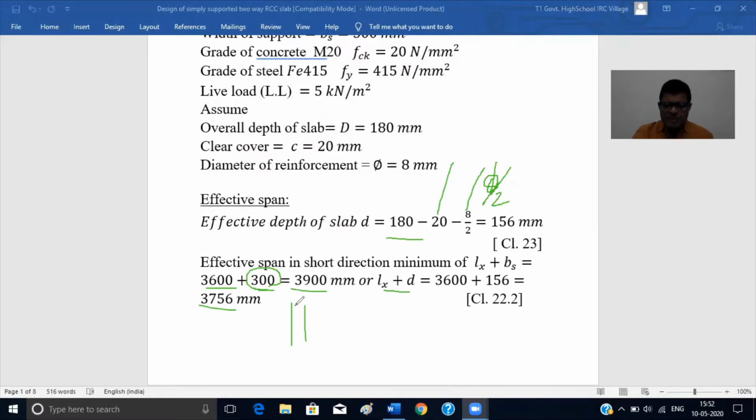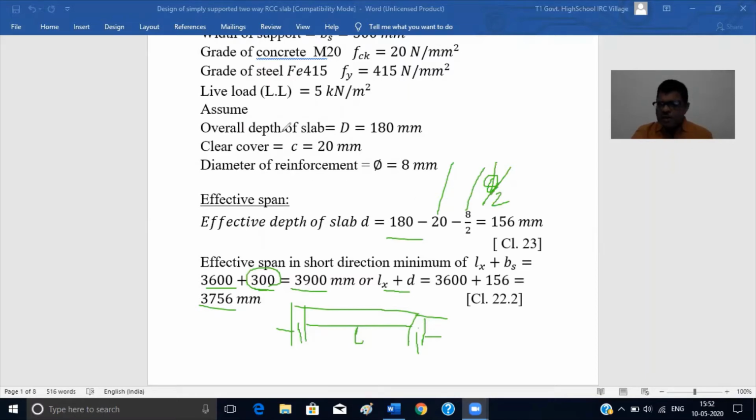So again let me explain. This is your clear span, from here to here is the clear span, and this is the width of support. So half of the support on this side, half of the support on this side, so one width is added. That is effective span in short direction.